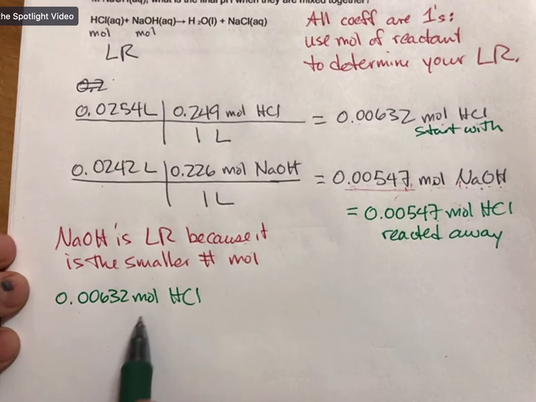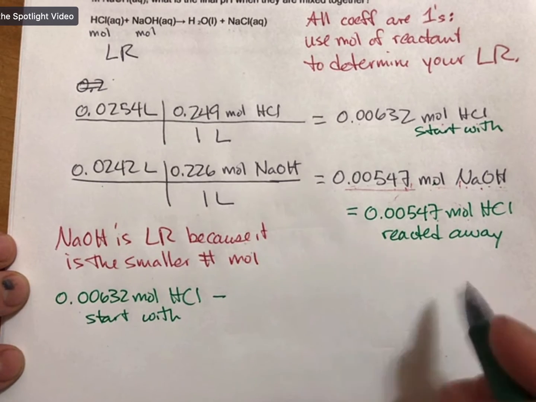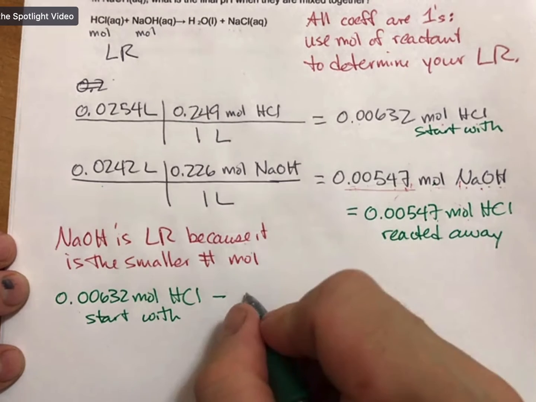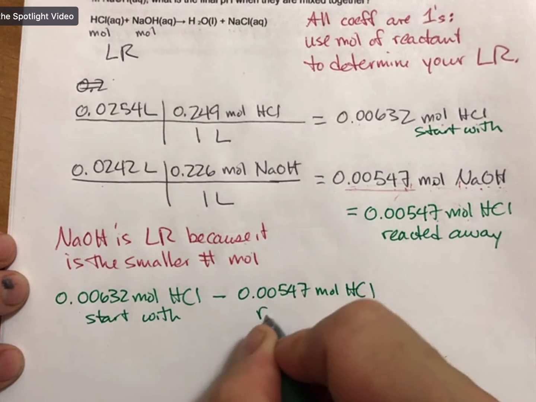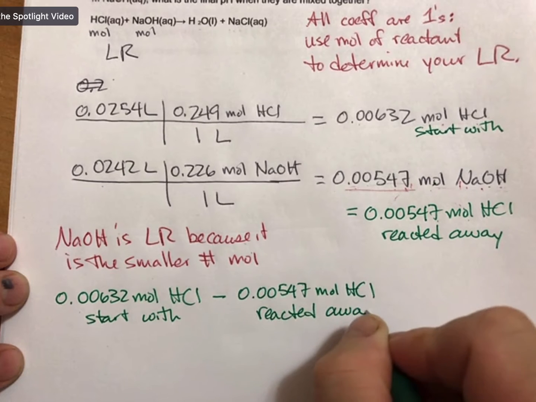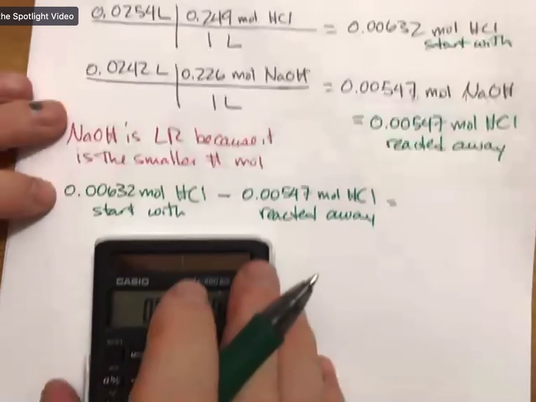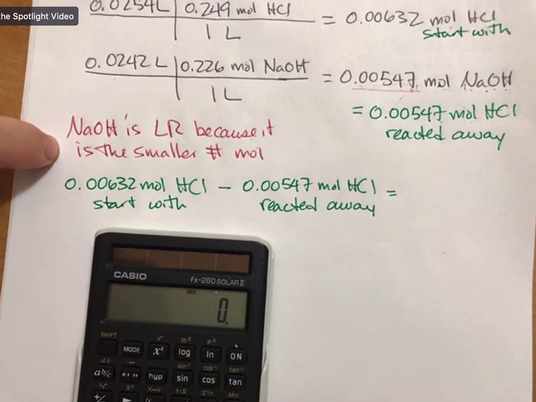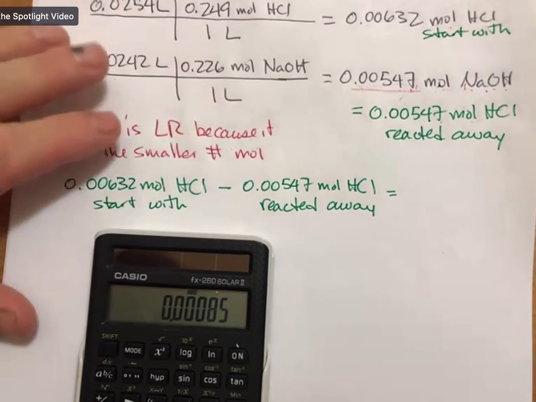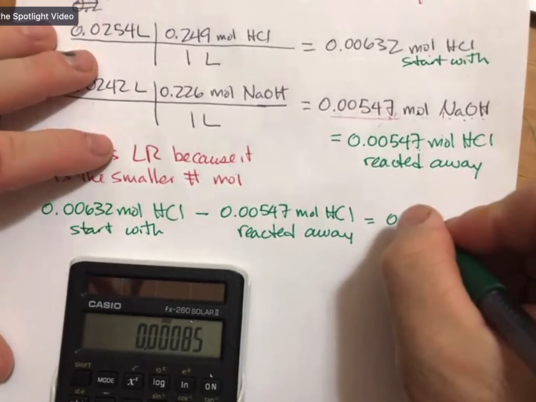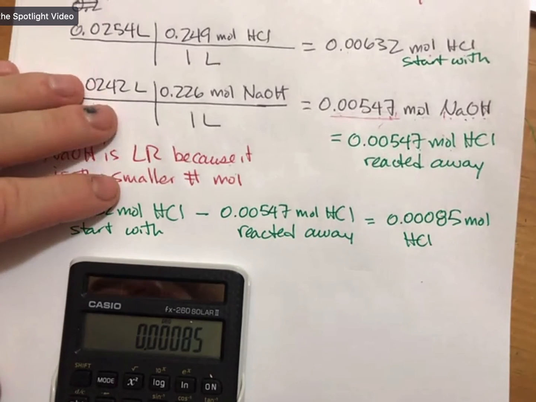So our moles of HCl to start with, minus our moles of HCl reacted away, the difference is going to be the moles of HCl left over: 0.00632 minus 0.00547, 0.00085. And those are going to be moles of HCl left over.